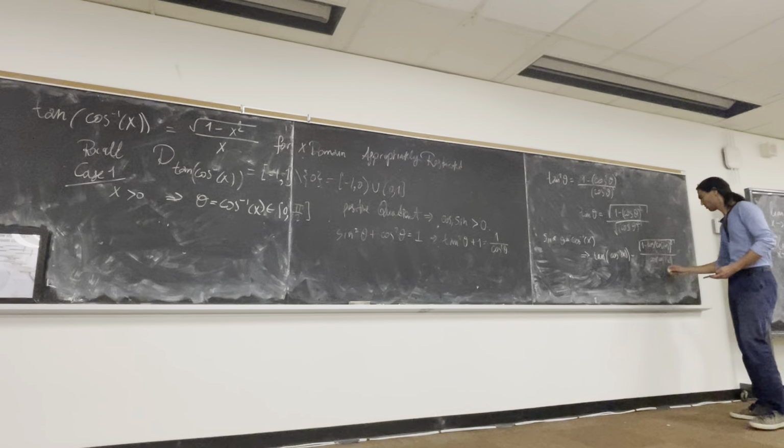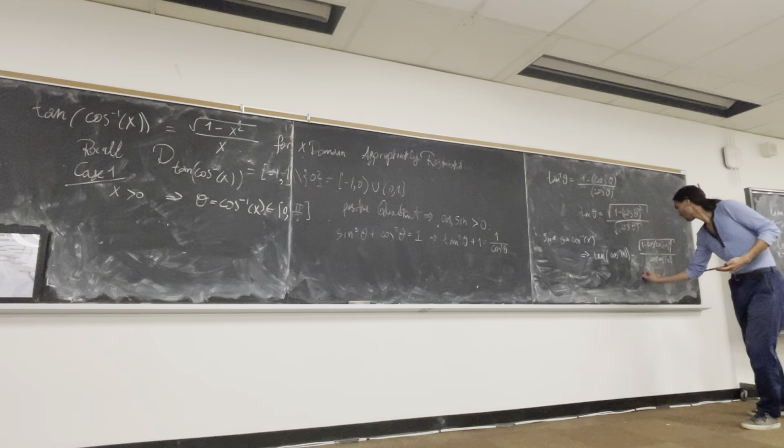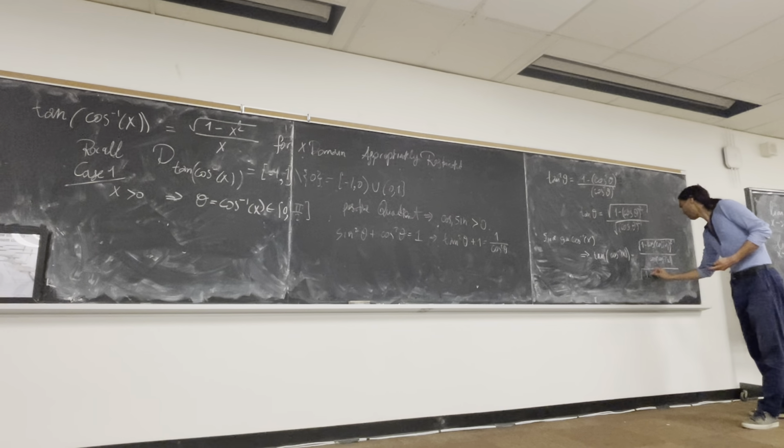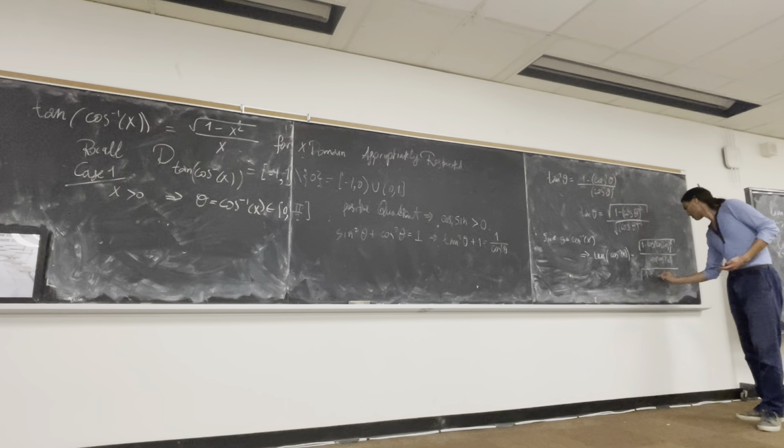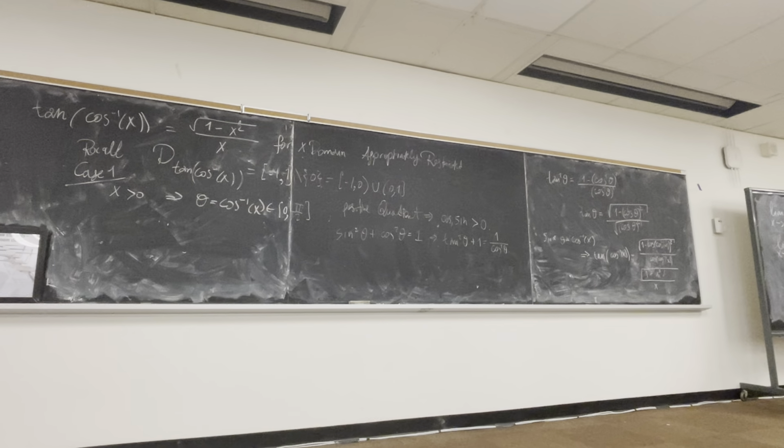So what's cos of cos inverse of x? X. So this is nothing but the square root of 1 minus x squared, divided by x. And this is the answer we had last time as well.